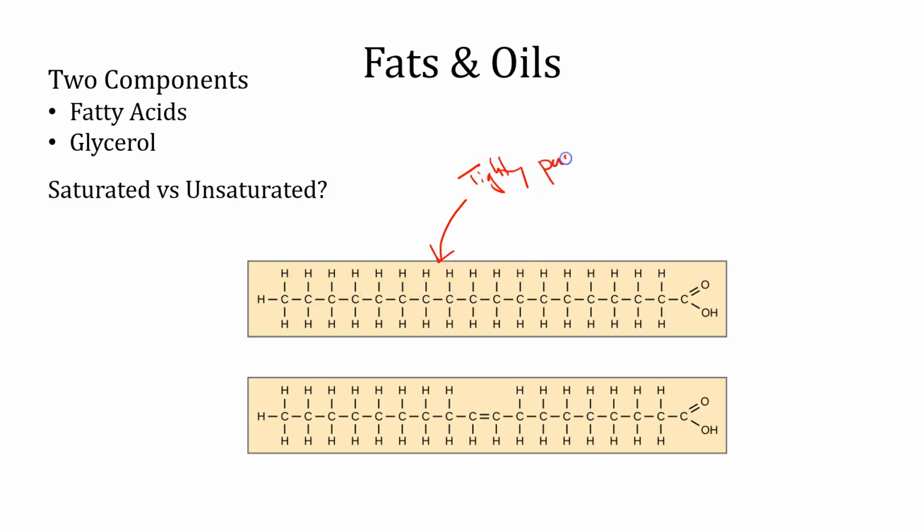What that means then is that they are more dense, and it also means that when you have a whole bunch of these molecules next to each other, there are these things called van der Waals interactions that occur between the molecules.